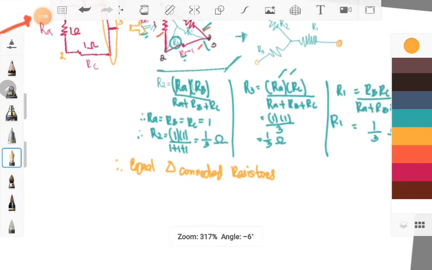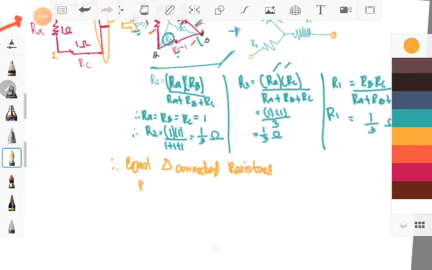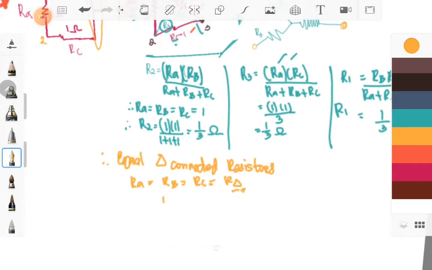So if your RA is equal to RB is equal to RC, therefore I may say that your R delta, or your resistance connected in delta connection, multiplied by R delta all over R delta plus R delta plus R delta is equal to my RY, or the resistance which will be connected in your Y connection.